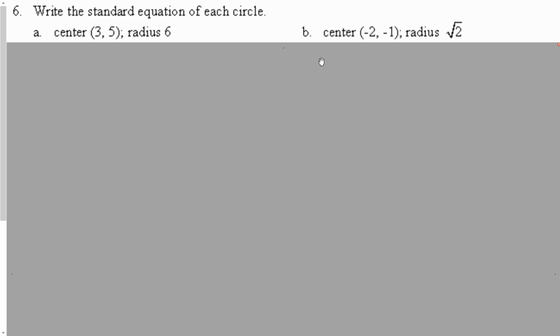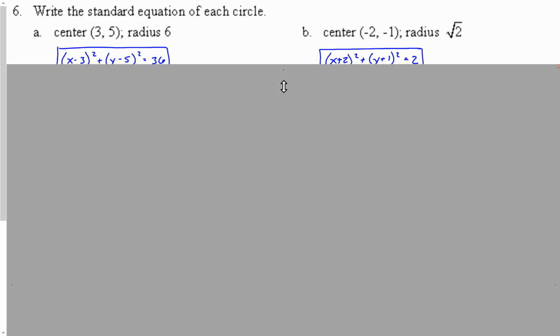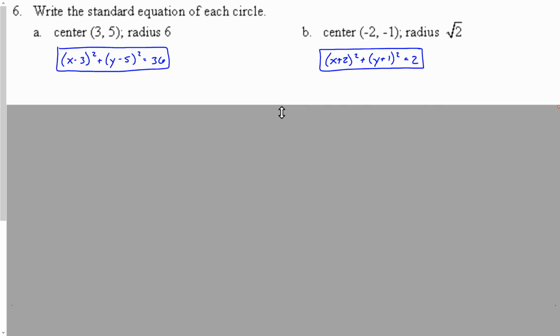Now that you've completed those problems, let's take a look at how you were able to do. So for number 6, if we have to write equations of these circles given centers and a radius, we have the 2 equations that you can see here.